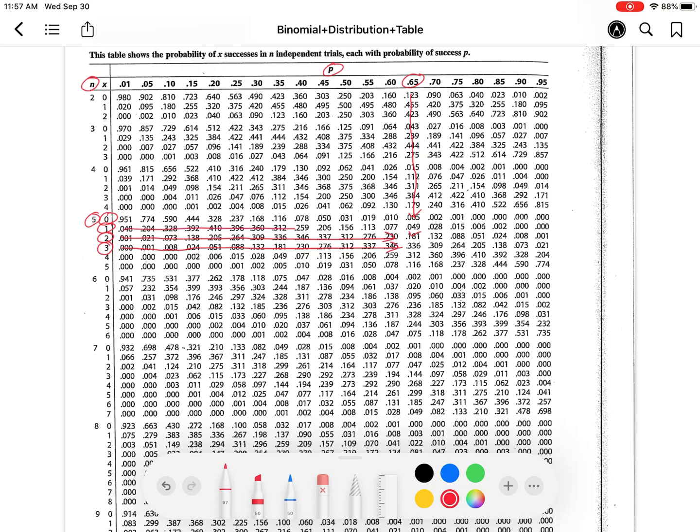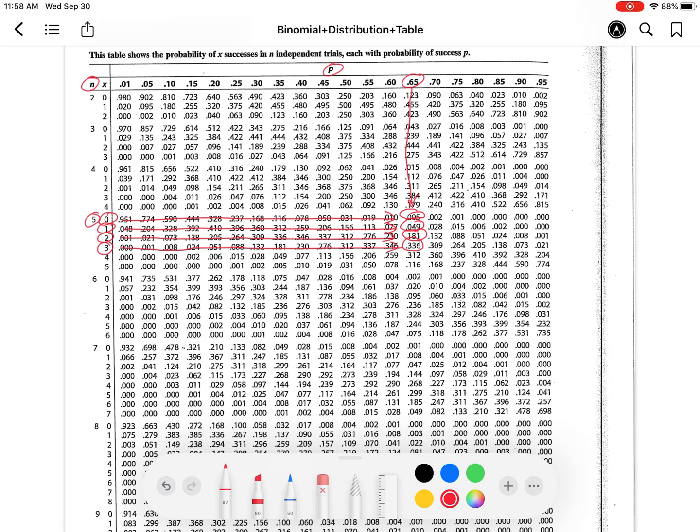It's going to be 4 numbers in the table. These are our 4 probabilities.